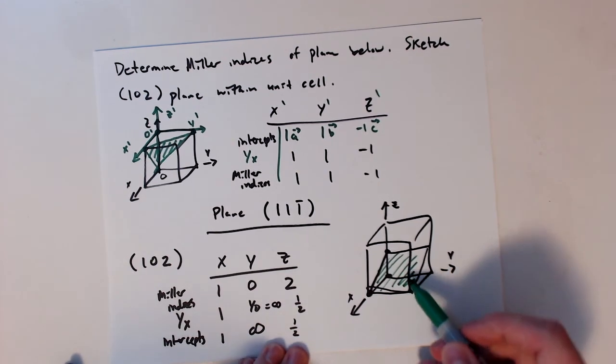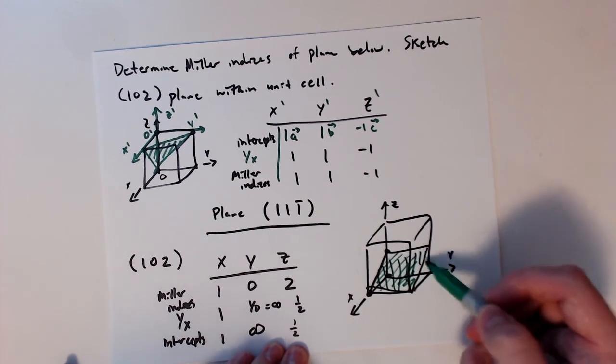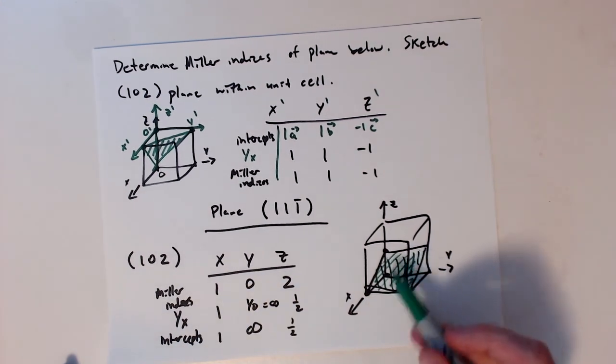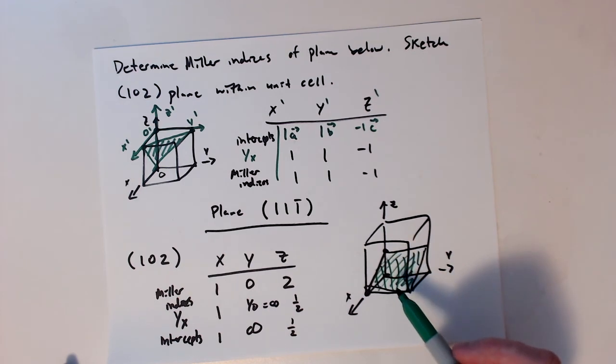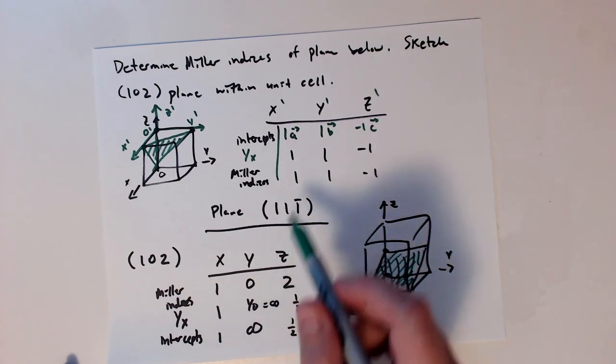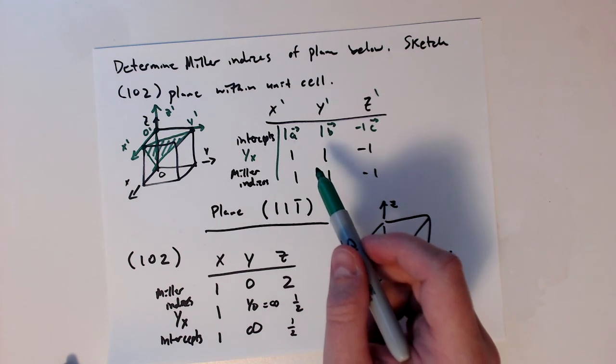That gives us the infinity. So this is how I shade and show the plane. If it did cross all 3 axes, I would have 3 points, and I could connect those points and draw my plane that way. So that's how I sketch. Basically, if you sketch, you're doing the opposite procedure of determining the indices, and vice versa.